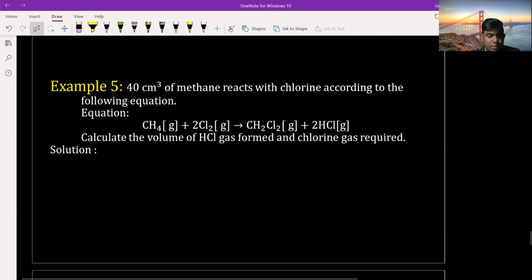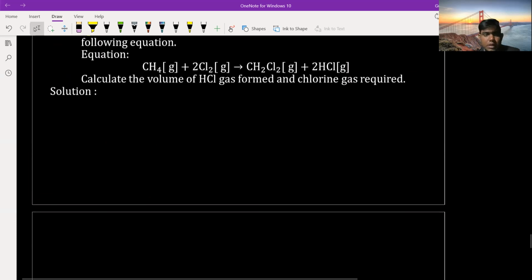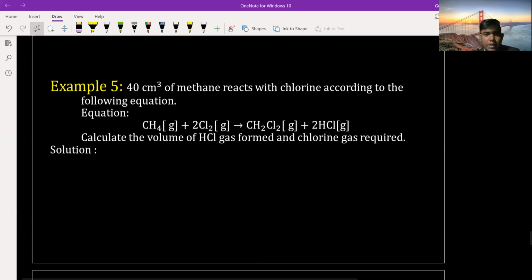Okay, next example, 40 centimeter cube of methane reacts with chlorine according to the following equation. Equation is CH4 gas plus 2Cl2 gas gives CH2Cl2 gas plus 2HCl gas. Calculate the volume of HCl gas formed and chlorine gas required.